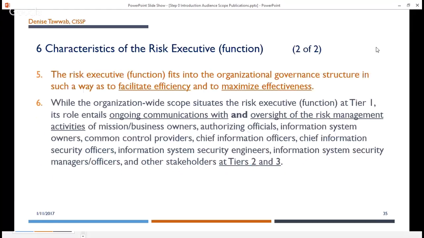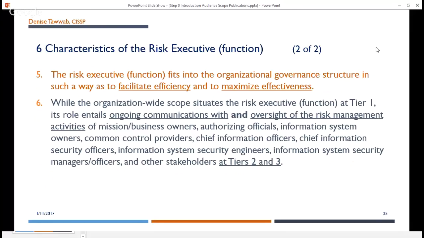Five, the risk executive function fits into the governance structure in such a way as to facilitate efficiency and to maximize effectiveness. And while the organization-wide scope situates the risk executive function at Tier 1, its role also involves ongoing communications with and oversight of the risk management activities that are happening at every layer of the organization.